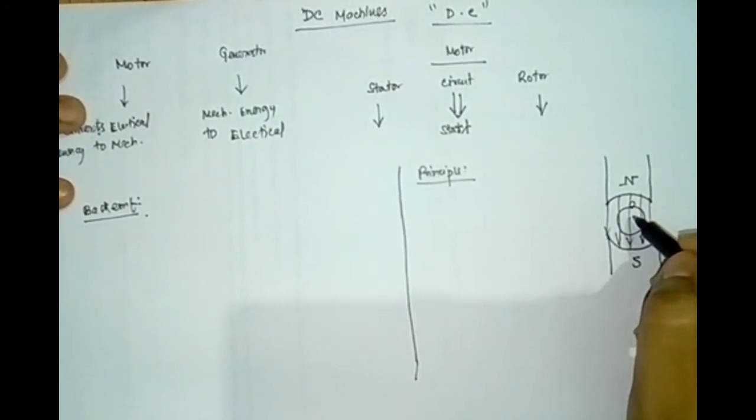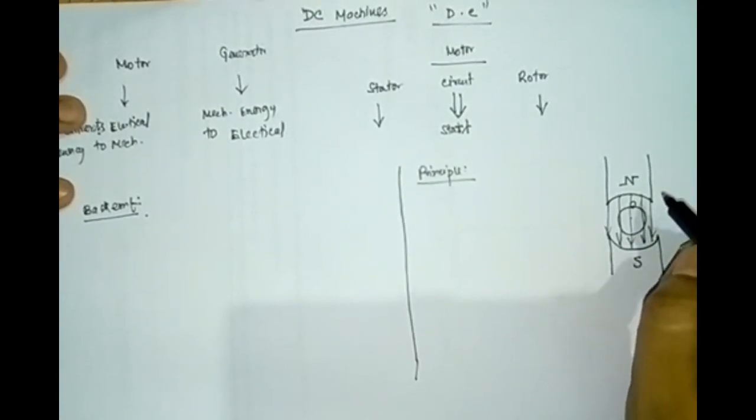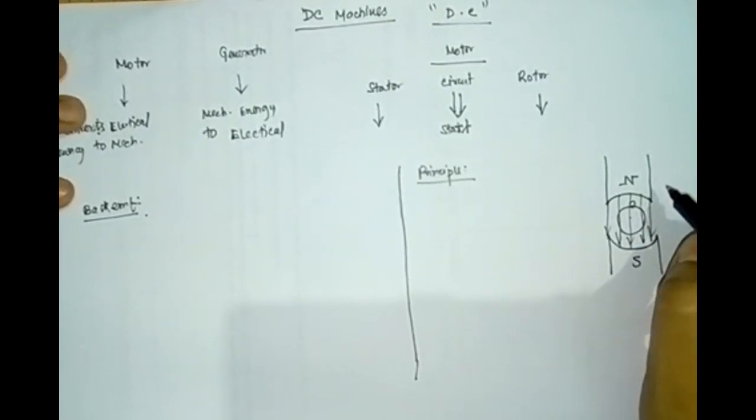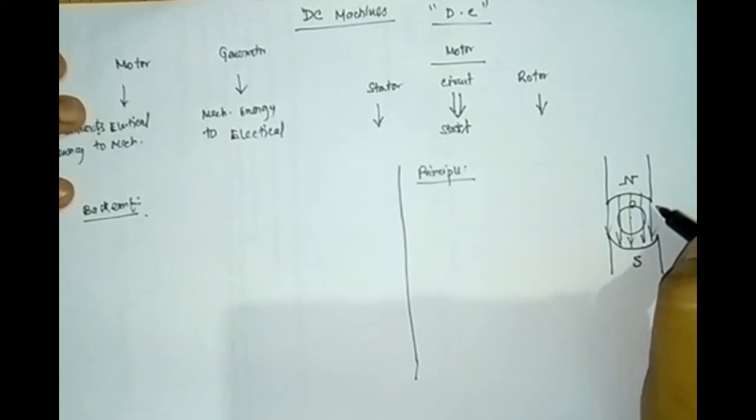Now let us consider one such conductor placed in a slot of the armature, and this is the armature. Suppose it is acted upon by the magnetic field from the north pole to the south pole.